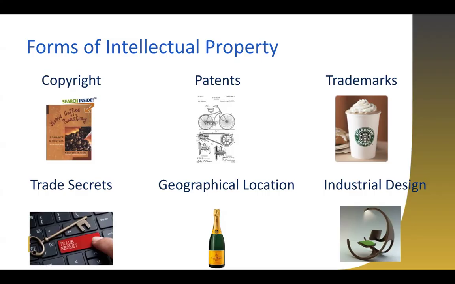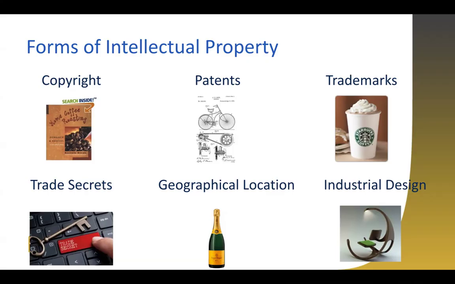Geographical location is my favorite. Coming from Europe, there is a lot of food and beverages that are produced in a specific region and can only use the name of this specific region if it is really produced there.